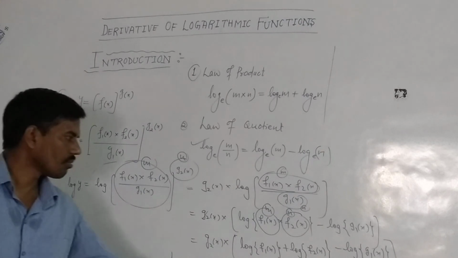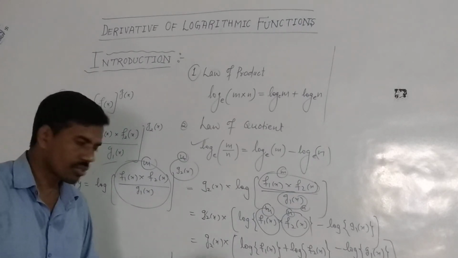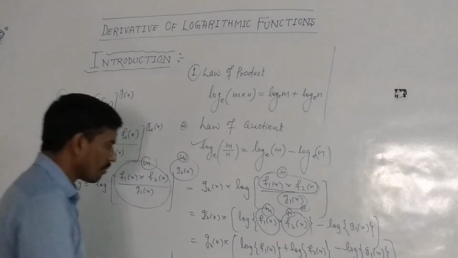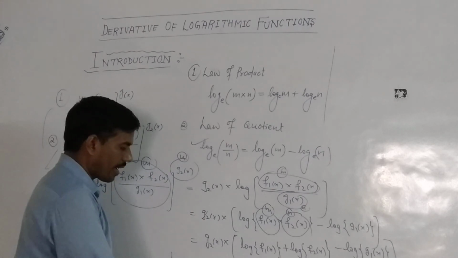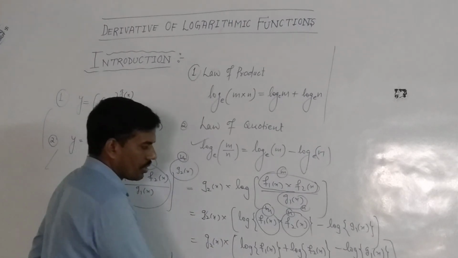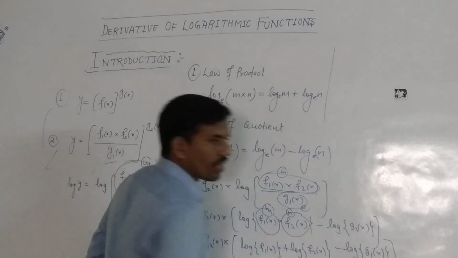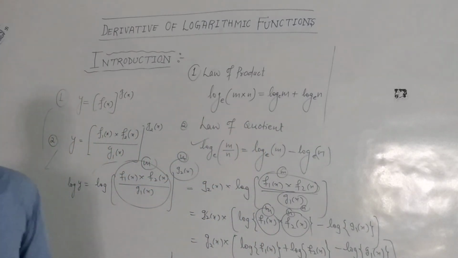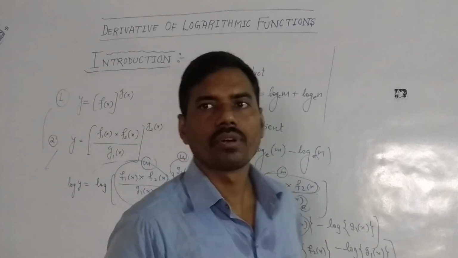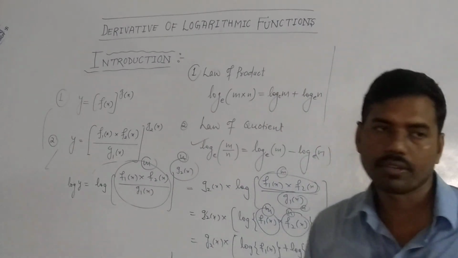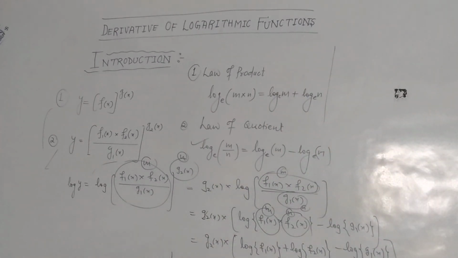So in this way we get a simplified form. Further, we consider it as u and v, and we have to apply the derivative of the product rule. Okay, so students please note down.